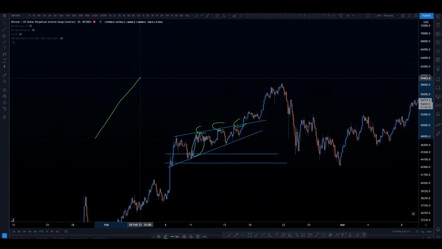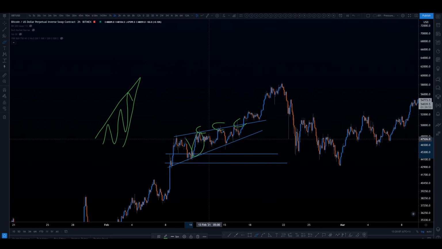A steep rising wedge like this, for example, it usually has the problem that the sell-offs are pretty sharp. In this case, the sell-offs are not pretty sharp.